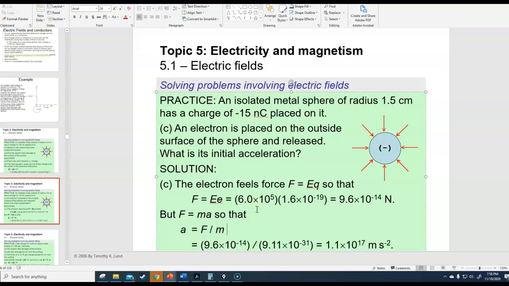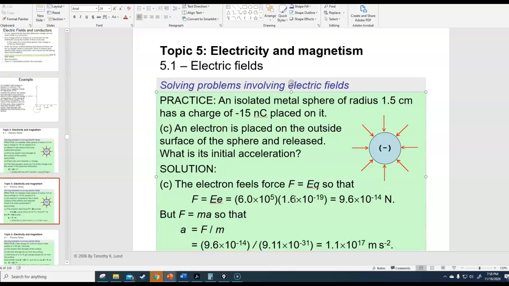And by the way, somebody probably is going to point out the fact that there's not a negative sign here in front of the charge, even though it's an electron. They're leaving out the negative sign because I've said this before. The negative sign on the charge does nothing for direction of the force. Okay, but if you put an electron on the outside of this negatively charged sphere, the force is going to be repulsive.